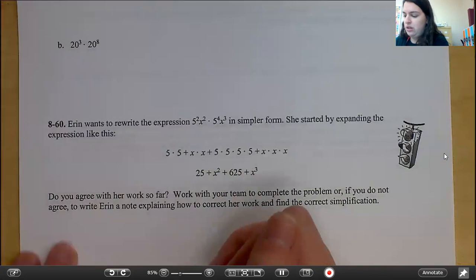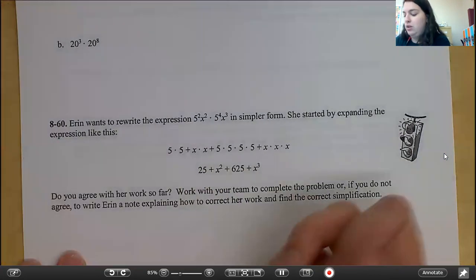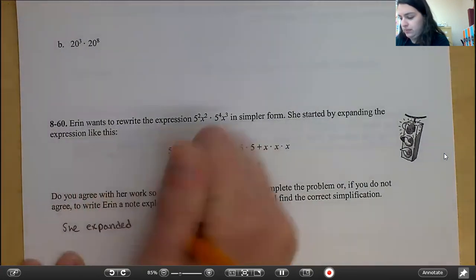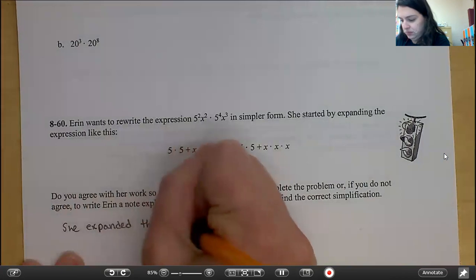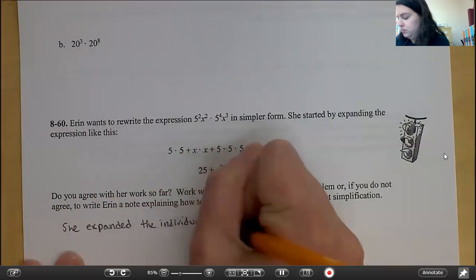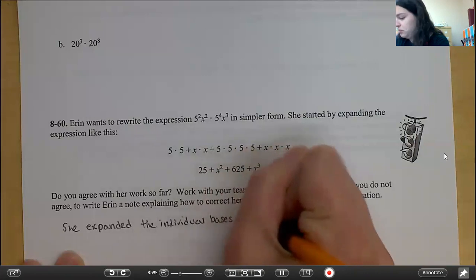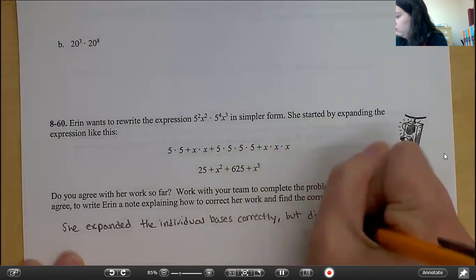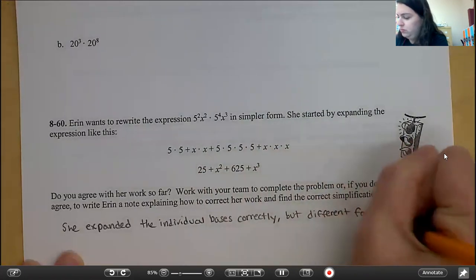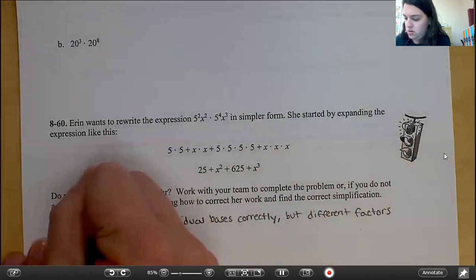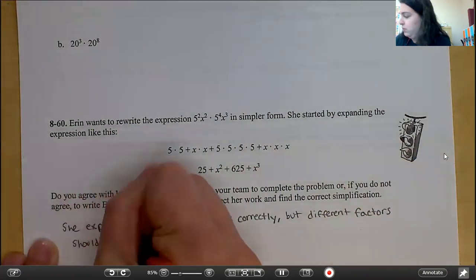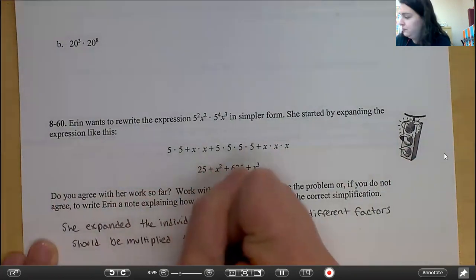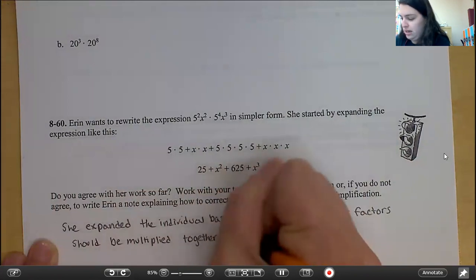Okay, if you're back with me, you've answered this. So Aaron is not completely correct. She expanded the individual bases correctly, but different factors should be multiplied together, not added.